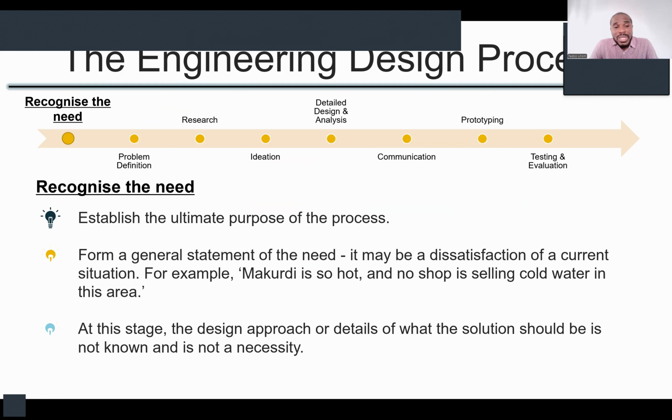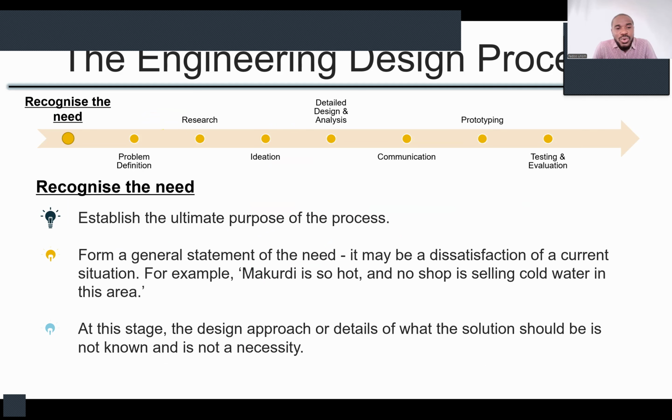So let's begin with the first stage in the process, the stage where you recognize the need. Okay. You do not create a solution to a problem that does not exist. Okay. It is in response to a problem you have identified that a solution is created.